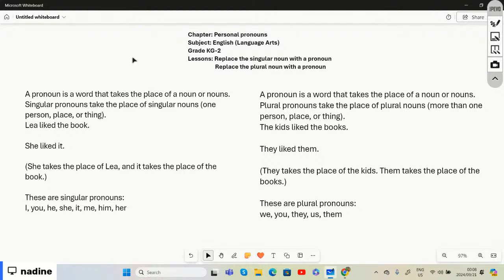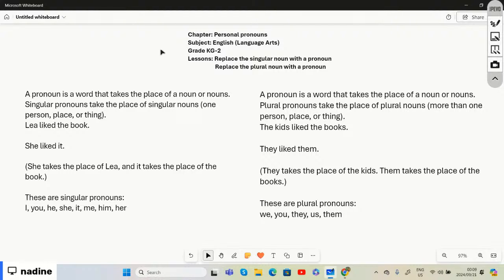And when we say a noun or nouns, it means it can either be one person, animal, place, or thing, or it can be more than one person, animal, place, or thing that we are basically describing. So it basically takes the place of the noun or nouns.